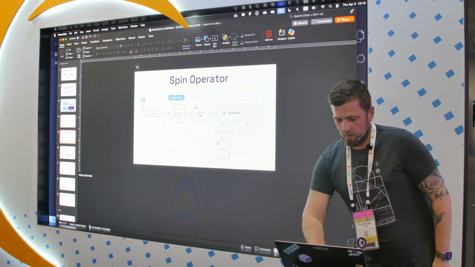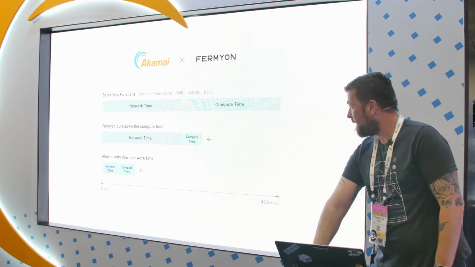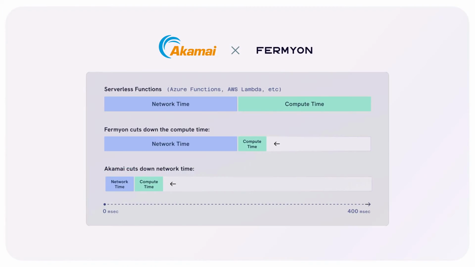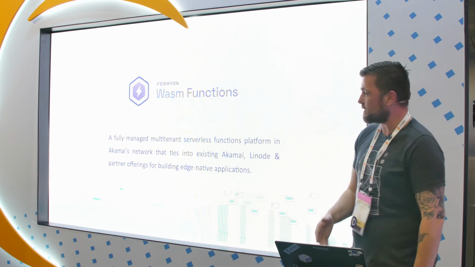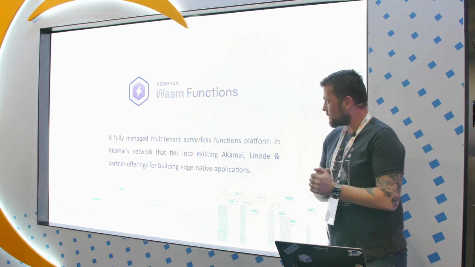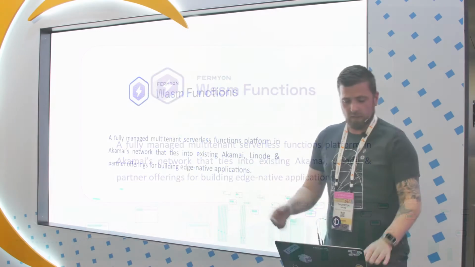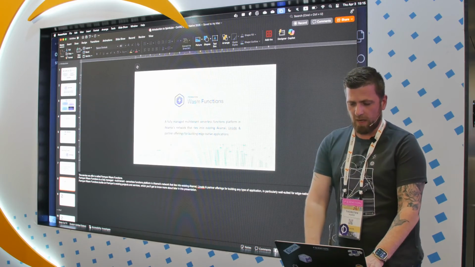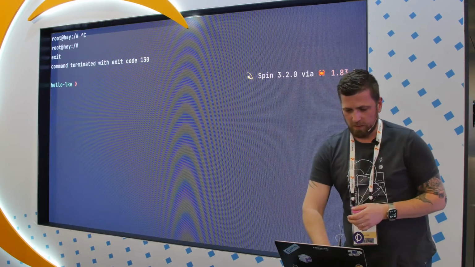So a week ago, the two of us, Fermyon and Akamai, announced a new thing, and we said, hey, we can take this incredibly fast compute and put it on top of Akamai's cloud, where we have an incredibly fast network. And this is what we call Fermyon Wasm Functions, that you can easily run your workloads on top of. That's a multi-tenant service that we provide that nicely integrates with your Akamai property, for example.